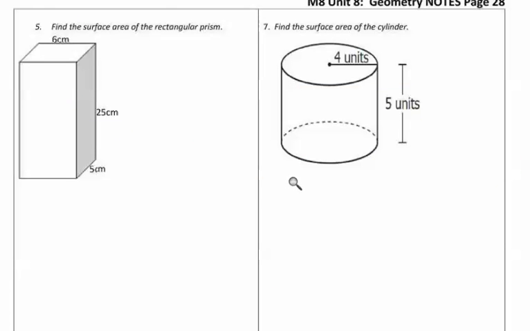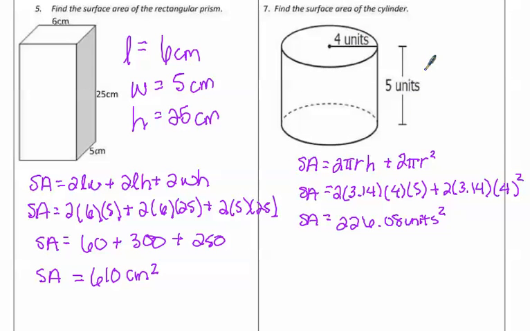Pause the video, try these two shapes, and check your answers. Check your answers with the ones written below. For number 5, the surface area becomes 610 centimeters.